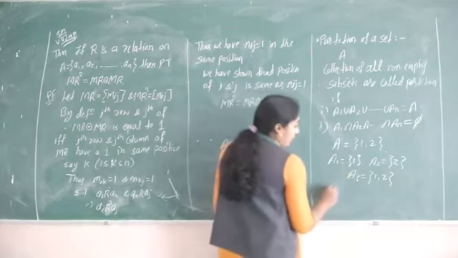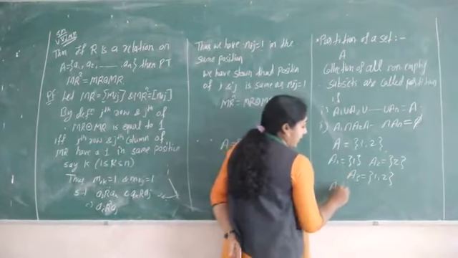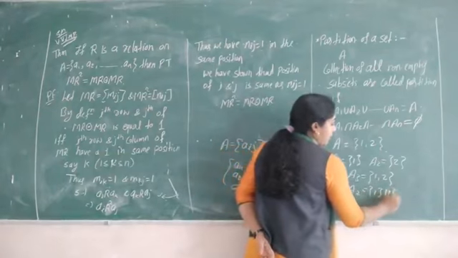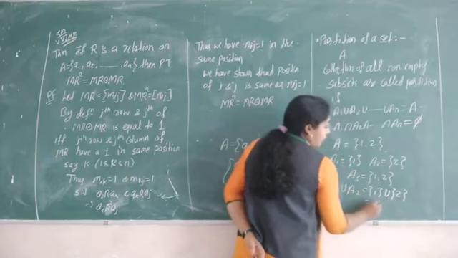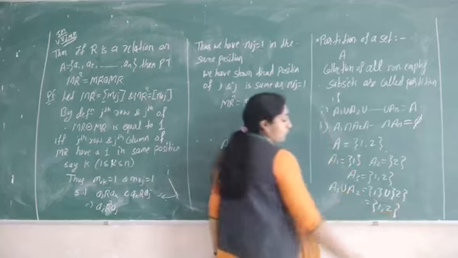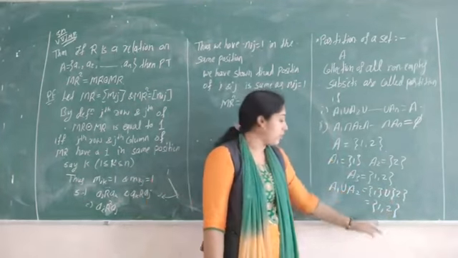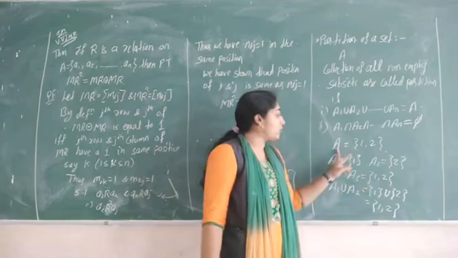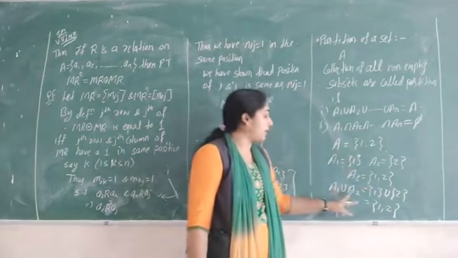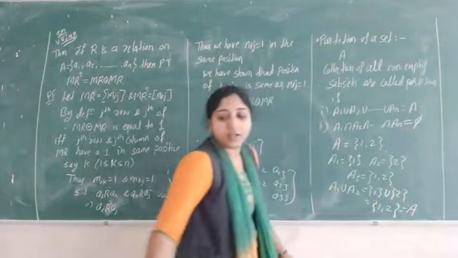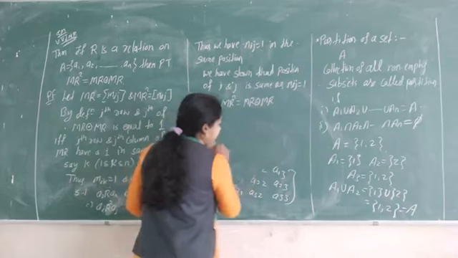Okay. So if you take A1 and A2, we can write A1 union A2 is equal to what? {1} union {2}. And what is {1} union {2}? {1, 2}. Union means the elements which belong to either this set or this set. So {1, 2}, and {1, 2} is the given set itself. So A1 union A2 is the given set A itself. Okay. Now check the intersection.